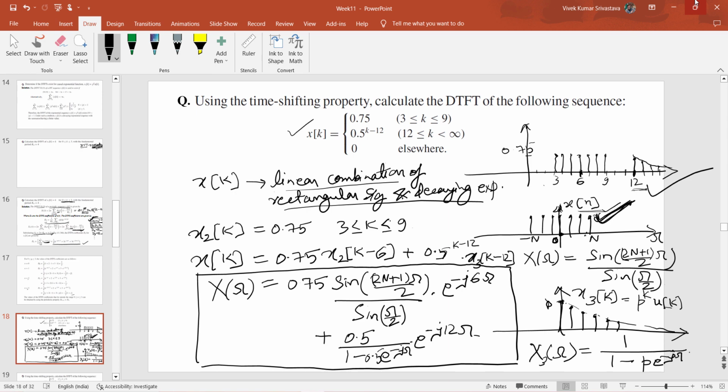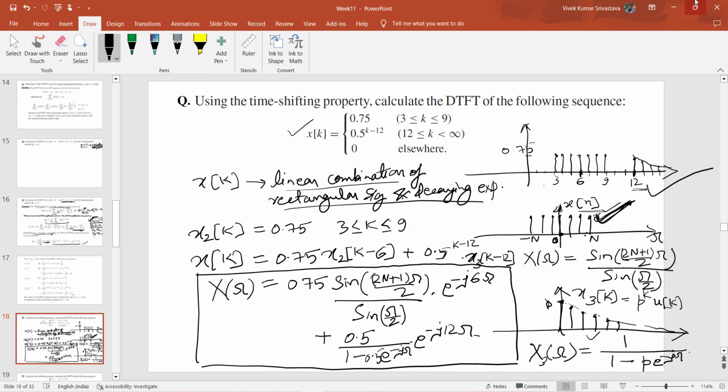So what I will do is shift this original signal by a time of 6 towards the right side. Similarly, for this decaying exponential signal, I will shift the original signal by 12 towards the right side. Okay, sir, I got it.